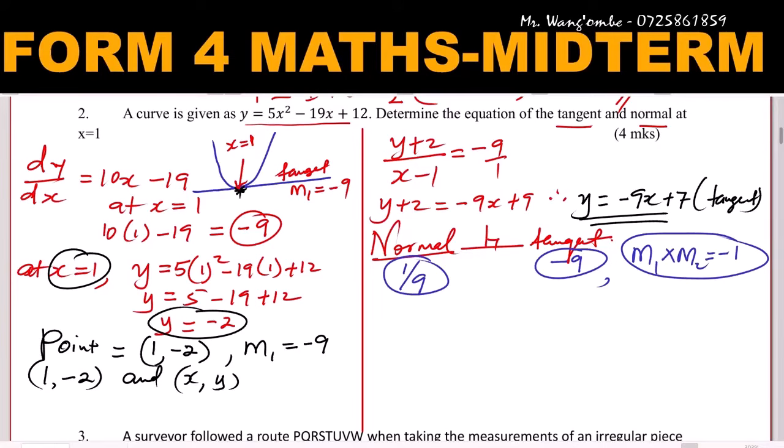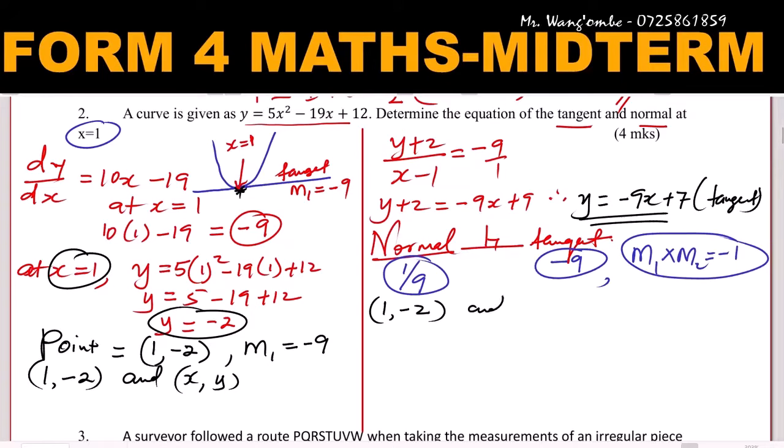And we have the point where this normal is passing. It is still the same point at x is equal to 1, and we got the y coordinate. So therefore, we should be getting the equation of the line passing through 1, -2, and having the gradient of 1/9.